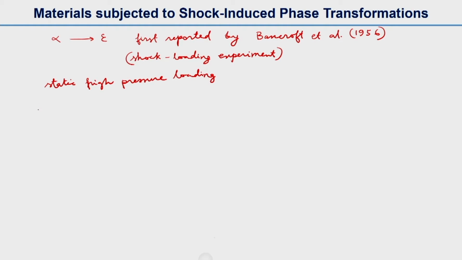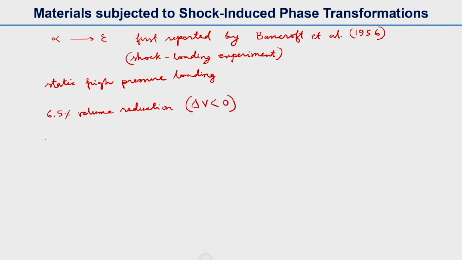In this transformation, around 6% volume reduction happens. That means here our delta V is negative, a volume reduction.